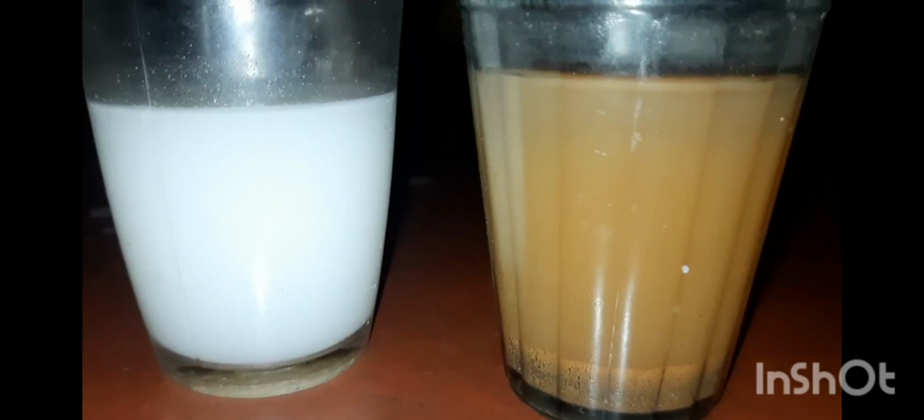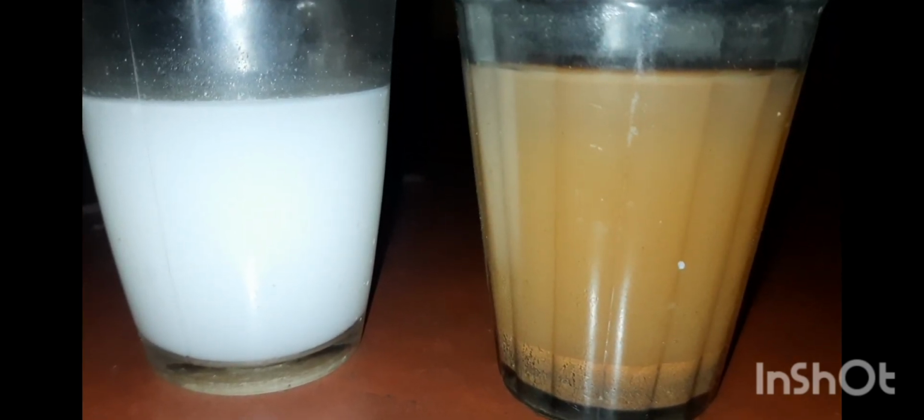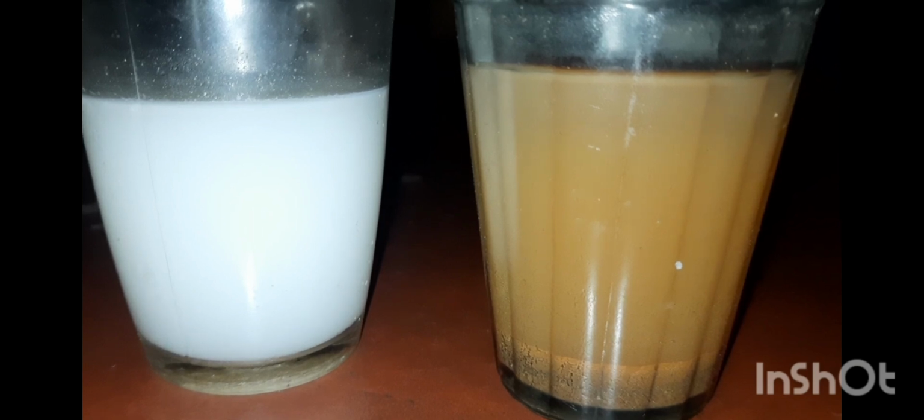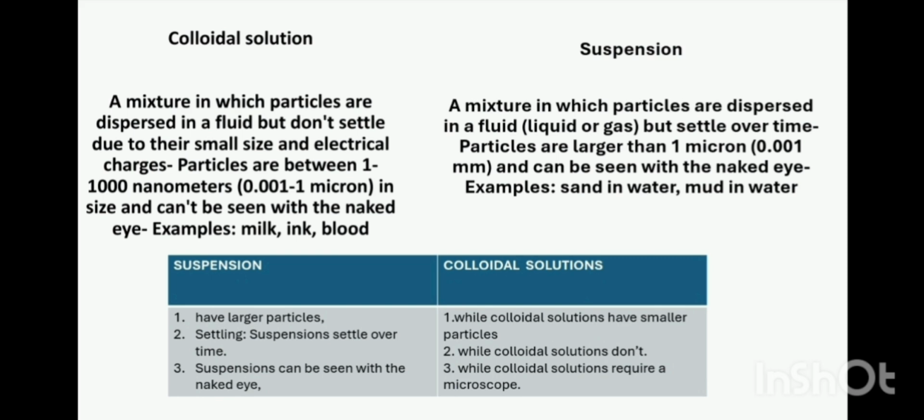So to get into details, let's see one slide and understand the difference between the colloidal and suspension. Here are the key points on colloidal solution and suspension. At the bottom it is given the difference between the suspension and colloidal solution. In colloidal solution, the particle sizes are very small and they don't generally settle because of their small size.